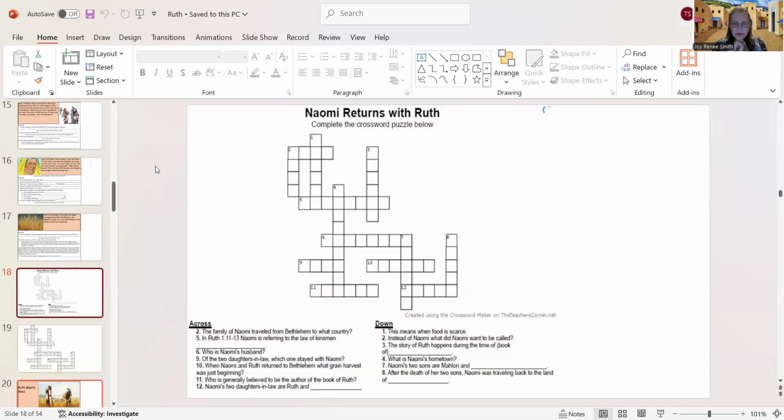Let's see, which one would we use? Probably Ephrathah. Well, one of those. Naomi's 2 sons are Mahlon and Kilian. Number 8, after the death of her 2 sons, Naomi was traveling back to the land of Judah.